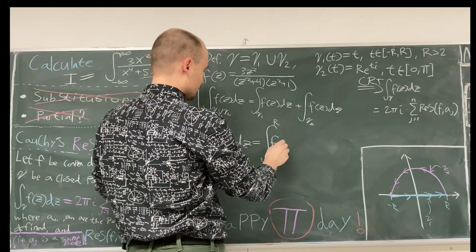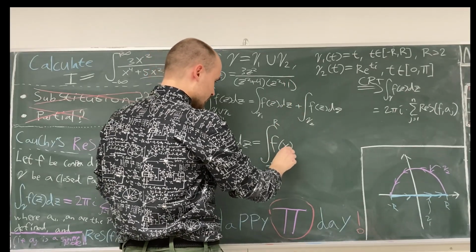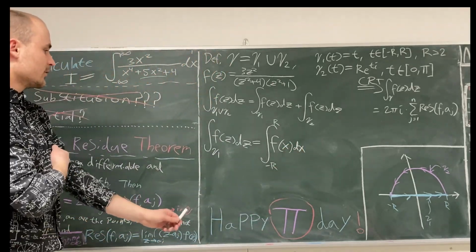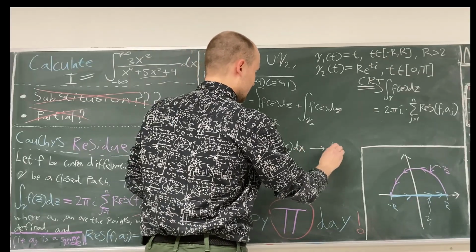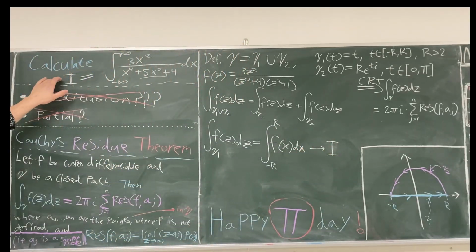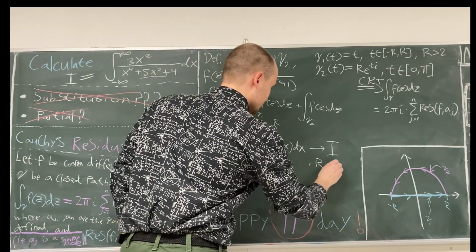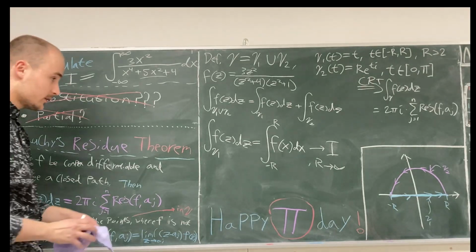So we just insert the variable t, which we'll just call x now. So notice that this actually tends to our desired integral when r goes to infinity. So that is really nice. That is what we want.